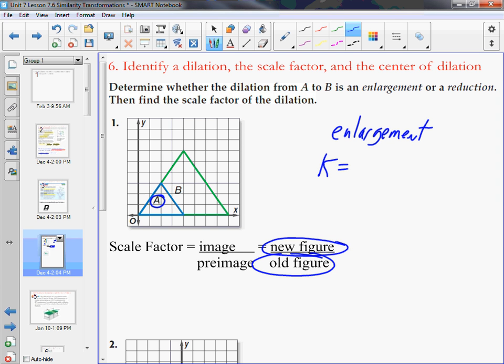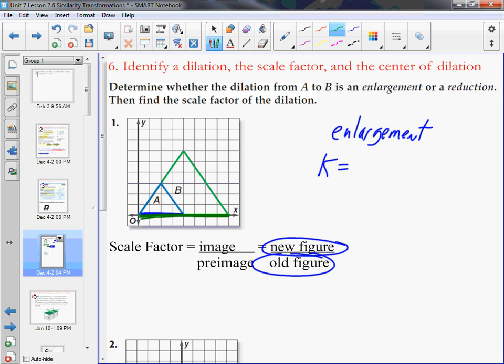So, would you rather use the distance formula to figure out those lengths, or would you rather count spaces to find the length of that side and the length of the side that corresponds to it?